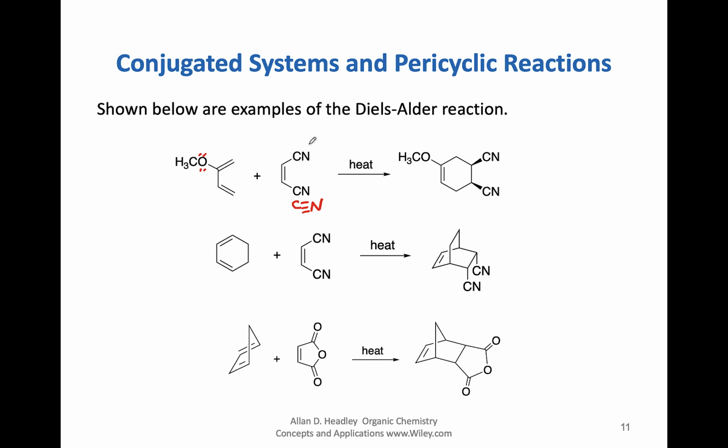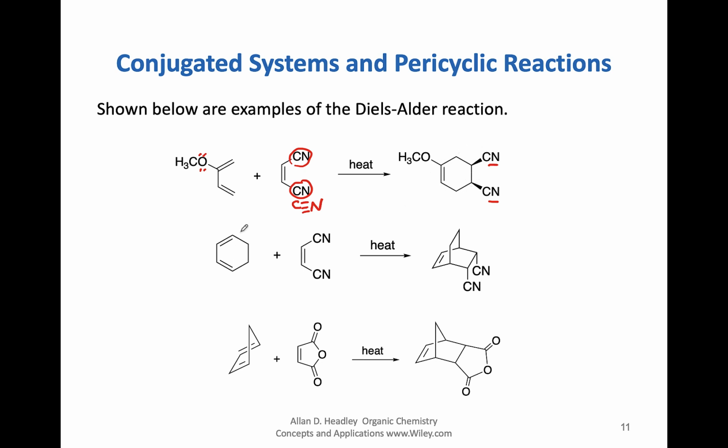Notice the stereochemistry of this dienophile. They're on this CN here and this CN here on the same side of the double bond. So therefore, after the reaction has occurred, the relationship is maintained. It is a cis relationship, and of course a six-membered ring.